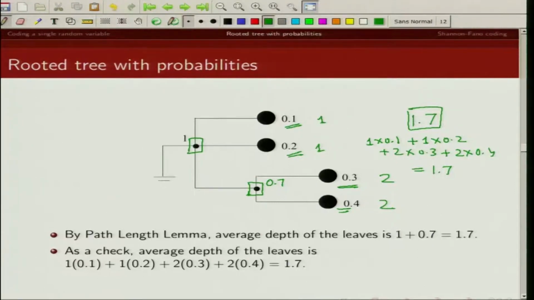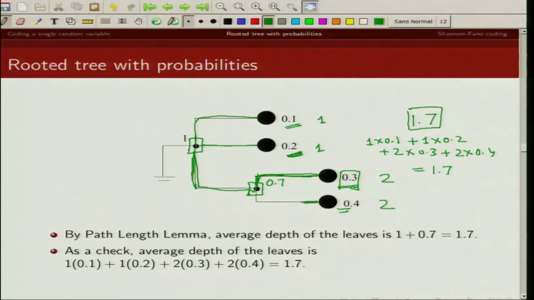And you can see this particular node appears only once in the summation, which is the depth of the leaf. This particular node appears only once in the summation. This particular node appears twice. It appears in the probability of this node, and it is also appearing in the probability of this node.